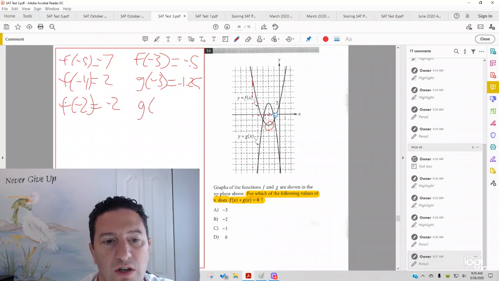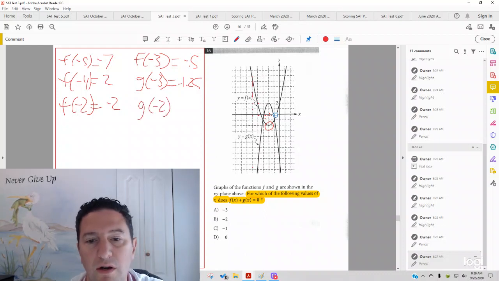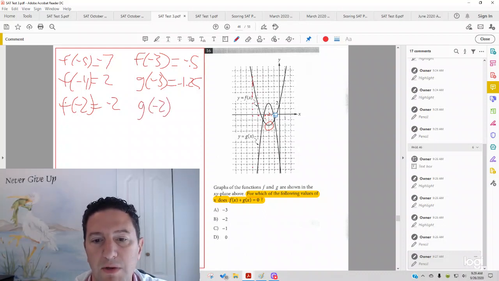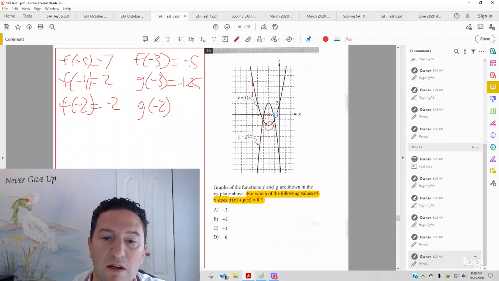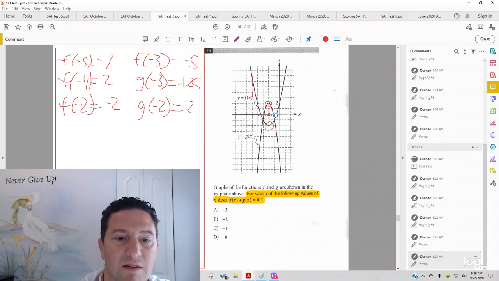Let's look at g of negative 2. Again, I'm going to my x being negative 2, and then I'm following it up to the graph for the g of x, which is the spot right here. And you can see that that is positive 2.